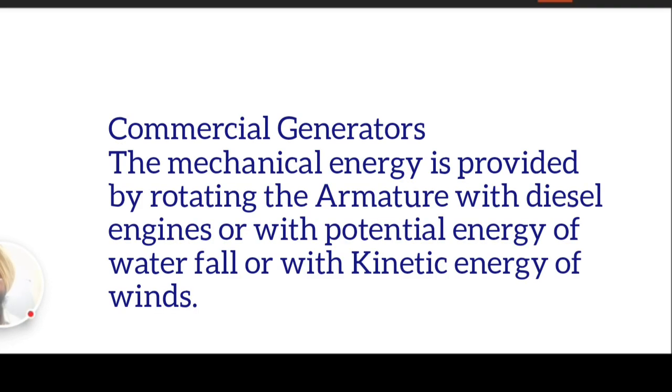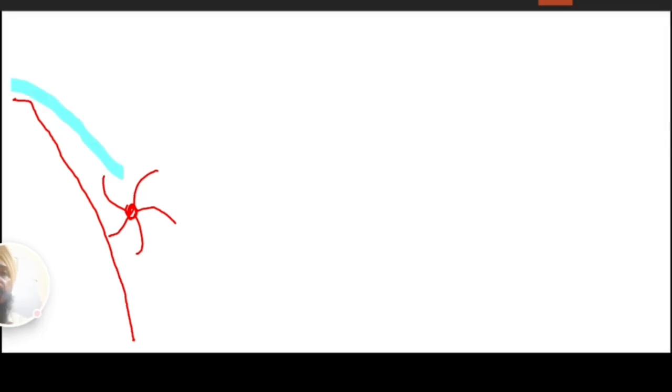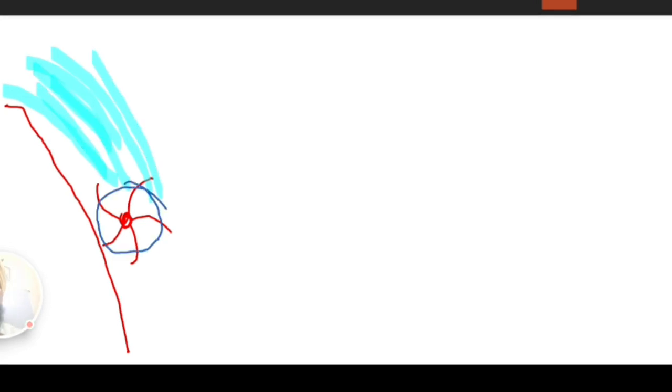In commercial generators, the mechanical energy required for rotation of the armature is provided by the water falling from a height. There are dams constructed, and here are the turbines. When water falls, the turbines tend to rotate.